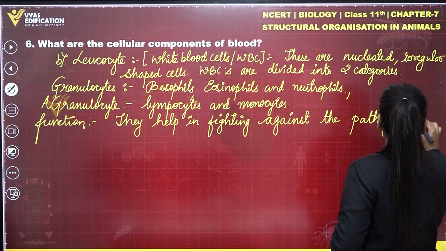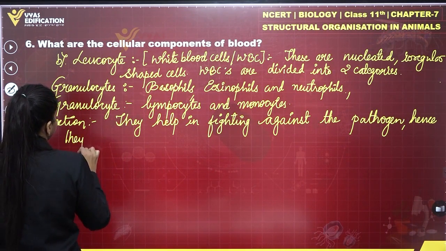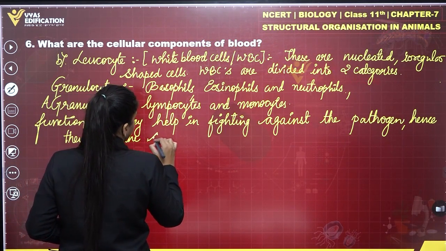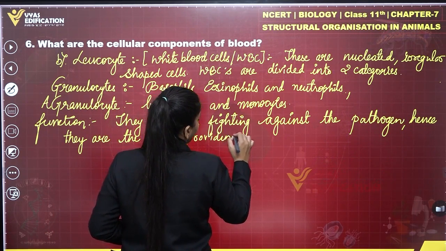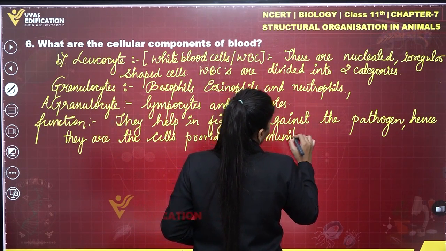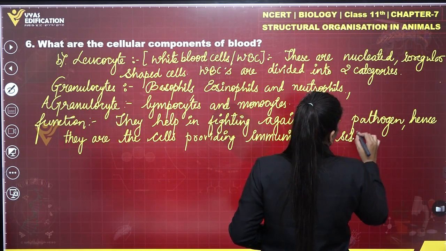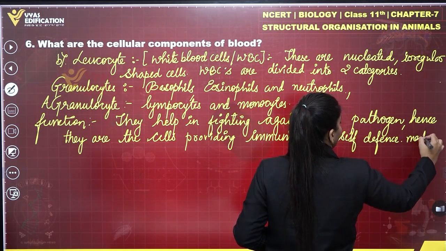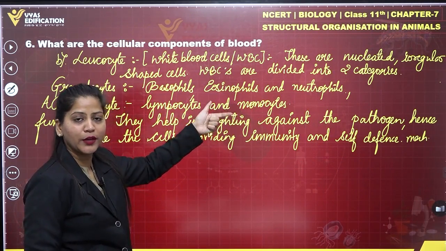Hence they are the cells providing immunity and a self-defense mechanism, right? So this is your second cellular component of blood, that is leukocyte or WBC.